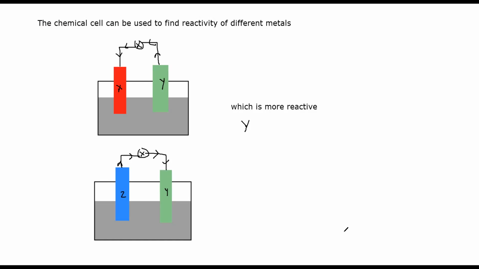Z. So electron is moving from Z to Y. So in this case, Z is more reactive.